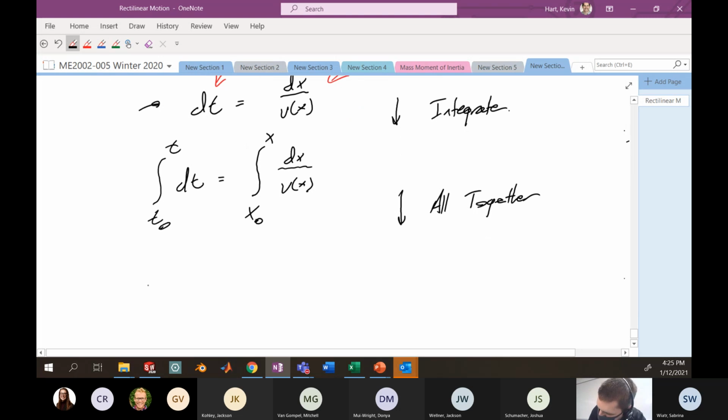So integrating here then, time as a function of x. Okay, it's a little bit strange to think about. Usually we like to think about our position as a function of time. How long does it take for us to get to this particular location? This is a little bit backwards. What location do we reach at this time? That's how we have to think about this. How many meters do I have to go to get to this time? Strange.